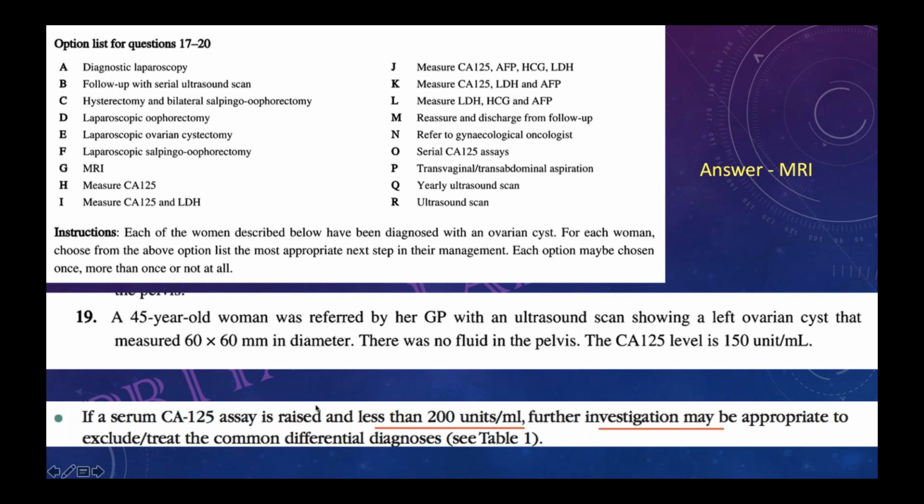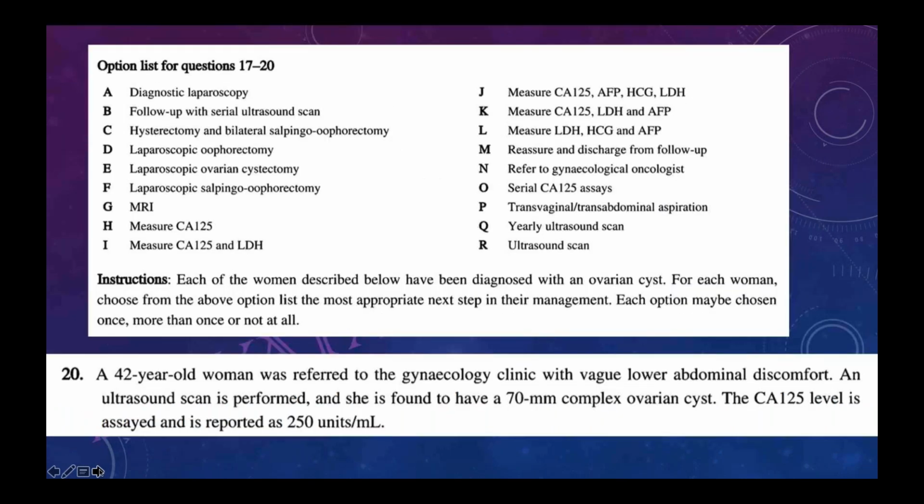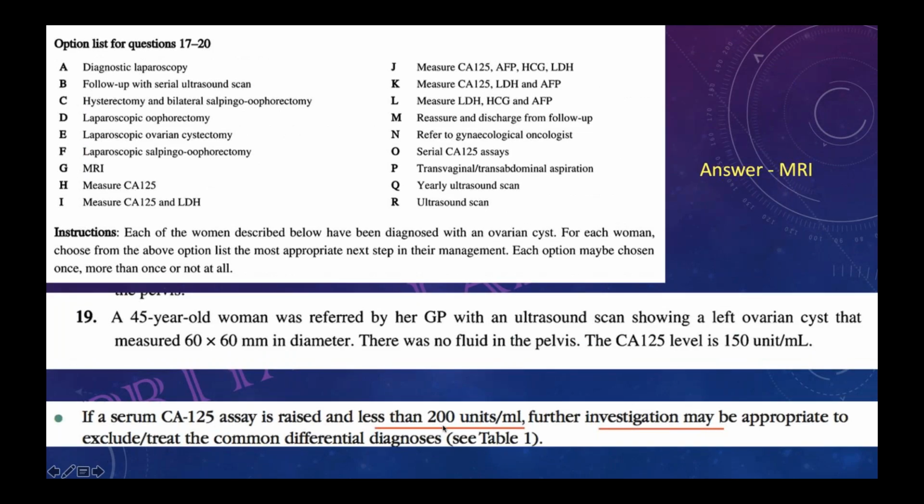This is the line from the guideline. CA 125 is raised, less than 200. Further investigation would be required. So what will be the further investigation? What we do for cyst? Further investigation is MRI, but here CA 125 is less than 200.